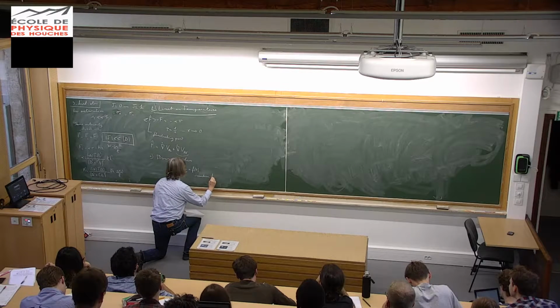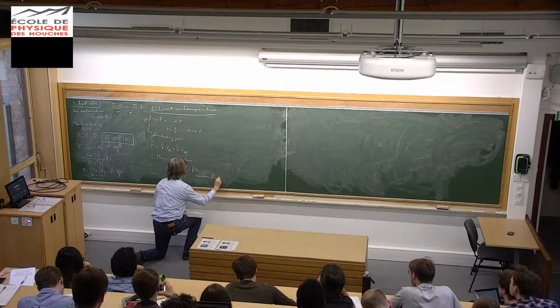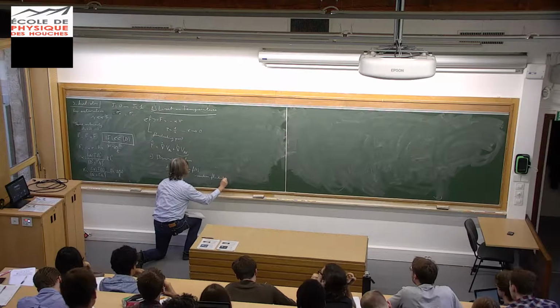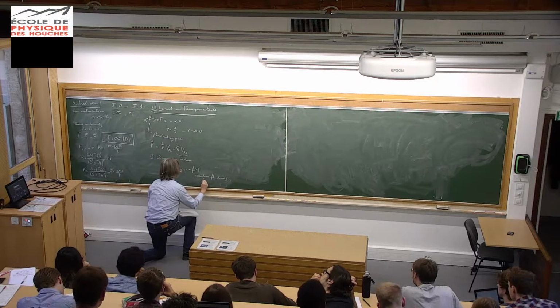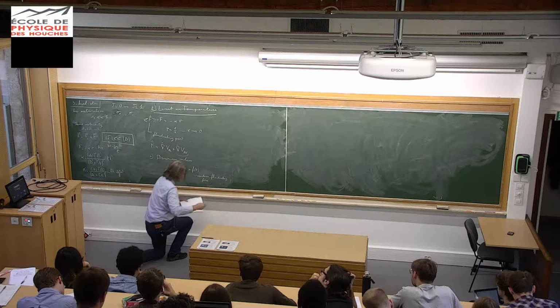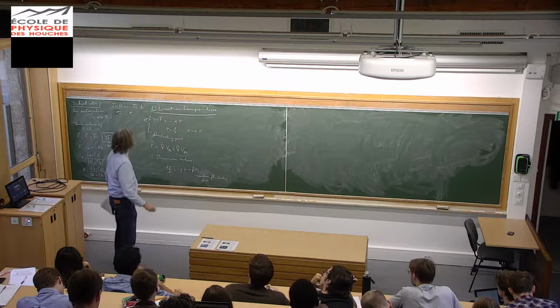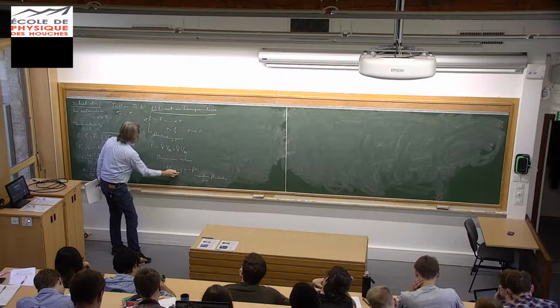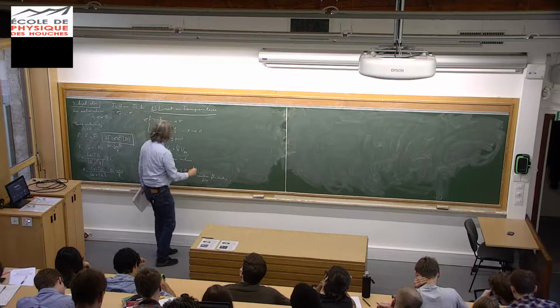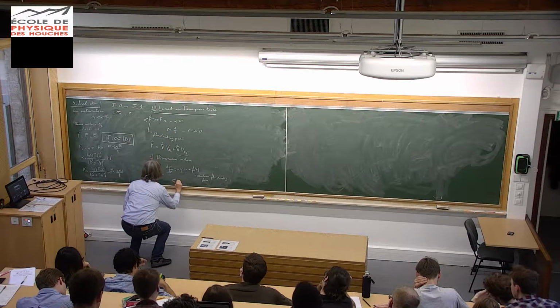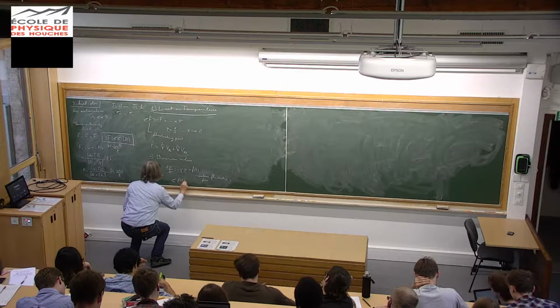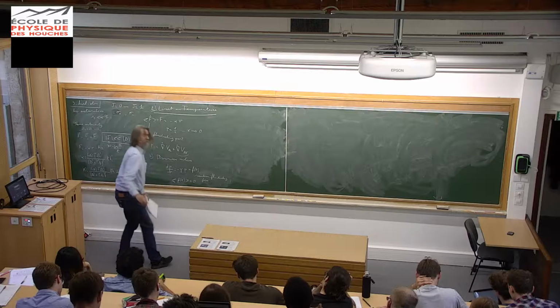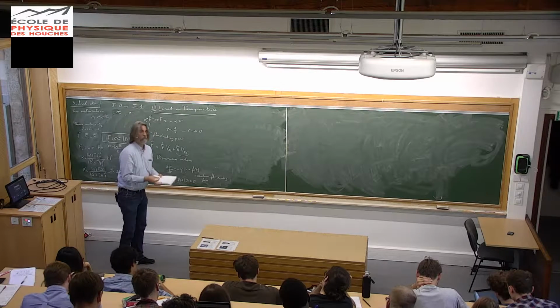So this is a random fluctuating force. And obviously, as we have already treated the mean value of the force, here the mean value of F is 0, because otherwise you count it twice.